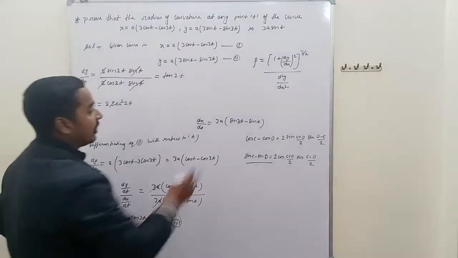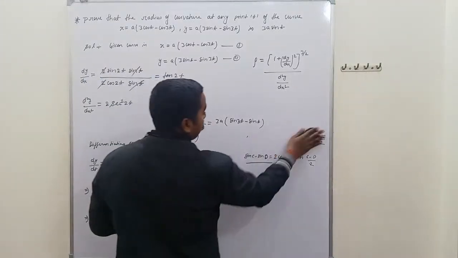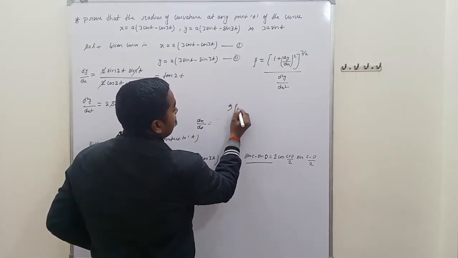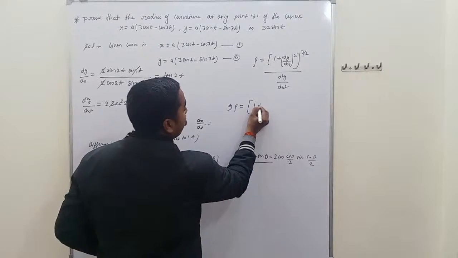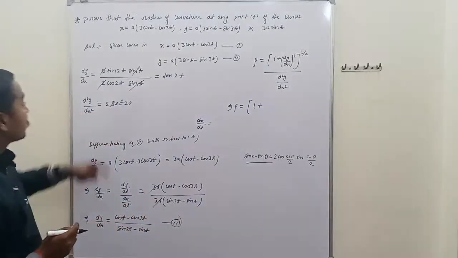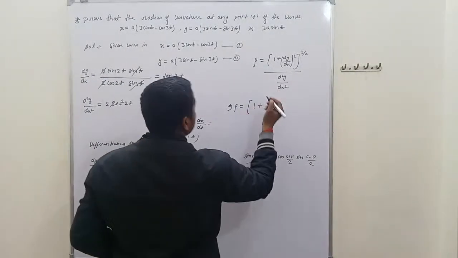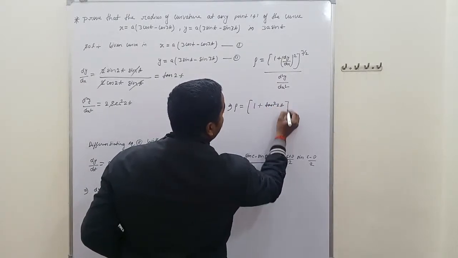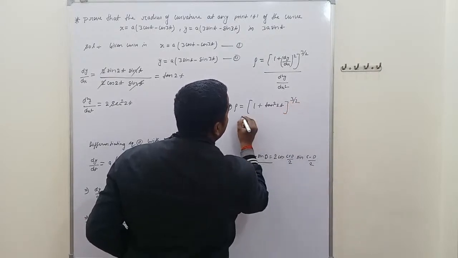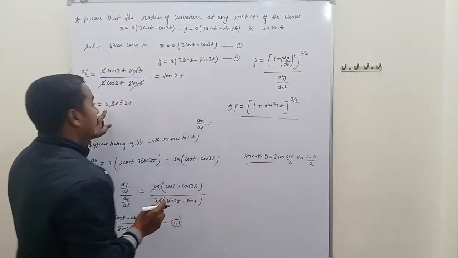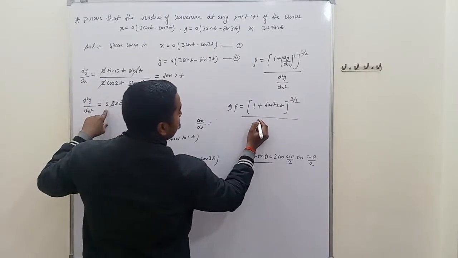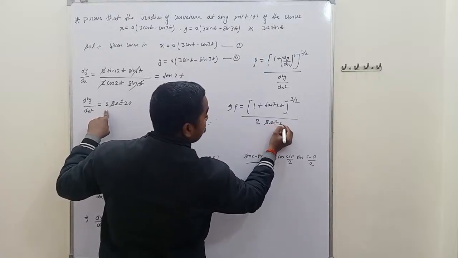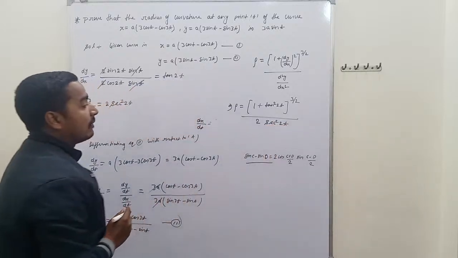We have to put this into the formula: the radius of curvature is equal to (1 plus (dy by dx) square) whole power 3 by 2 divided by d2y upon dx2. Dy by dx is given by tan 2t, so this is (1 plus tan square 2t) whole power 3 by 2, and d2y upon dx2 is 2 sec square 2t, and further we have to solve.